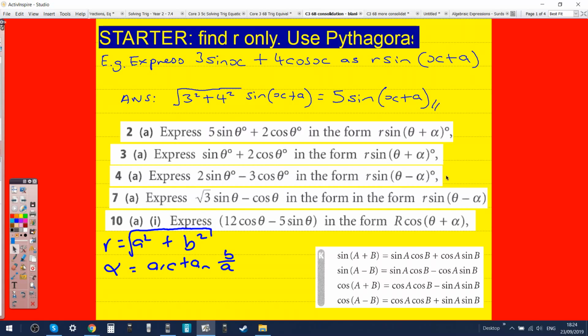I think they might have to state what alpha is between, and it looks like they do because there's a comma after it. If they had said alpha is between 0 and 360, in that case it would be the 236.3. So we would say root 13 sine theta minus 236.3 because it's minus alpha.